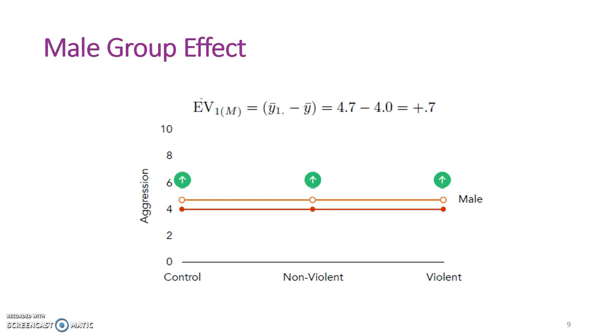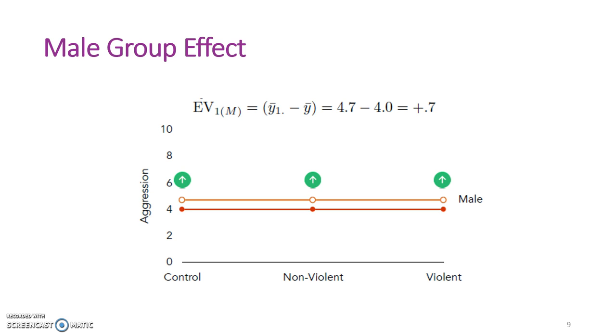So now let's take a look at how we would calculate this male group effect. This would be the group effect for male, and it's simply going to be the difference between the grand mean and that male marginal mean. We've already looked at these numbers, and we've already looked at these deviations as well.